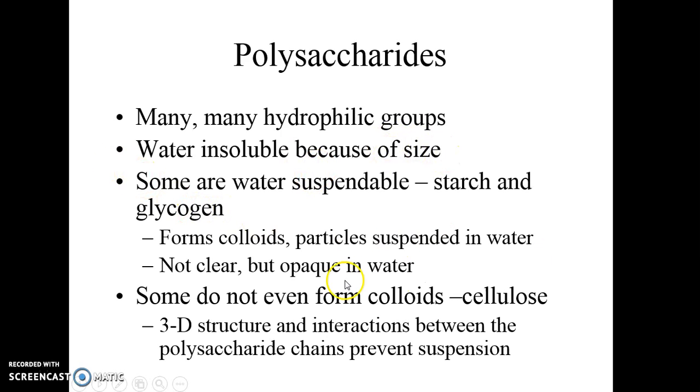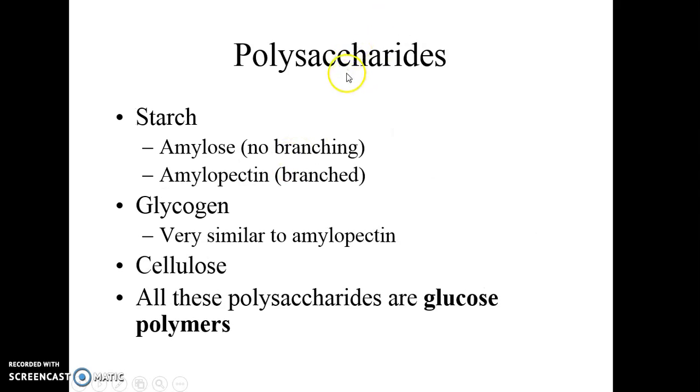Starch and glycogen will form a colloid, but cellulose doesn't even dissolve up in a suspension, and it's because of its three-dimensional structure. But the key thing is that the polysaccharides are starches, glycogen, and cellulose.